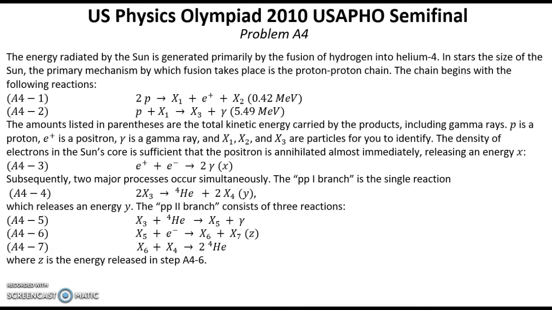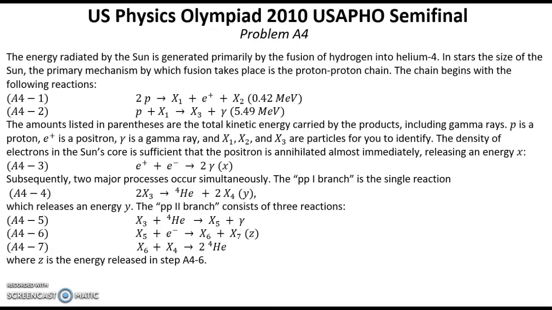US Physics Olympiad 2010 year, USAPHO Semifinal. Problem A4. The energy radiated by the sun is generated primarily by the fusion of hydrogen into helium-4. In stars the size of the sun, the primary mechanism by which fusion takes place is the proton-proton chain.